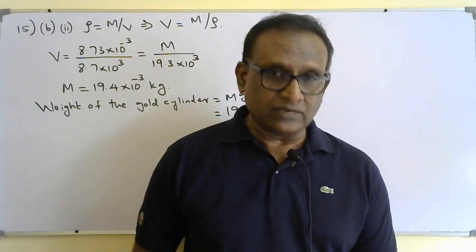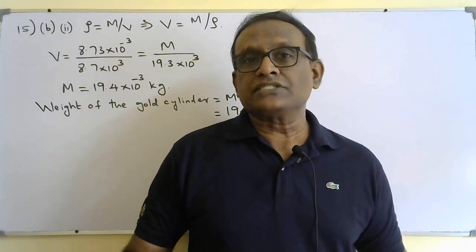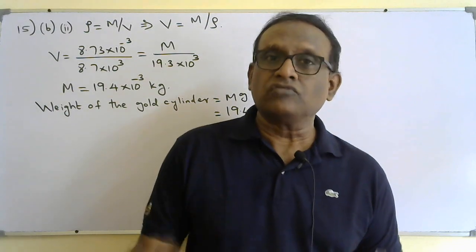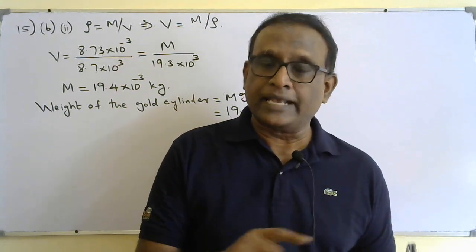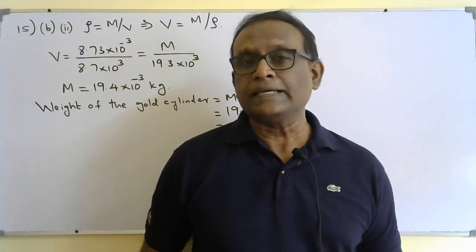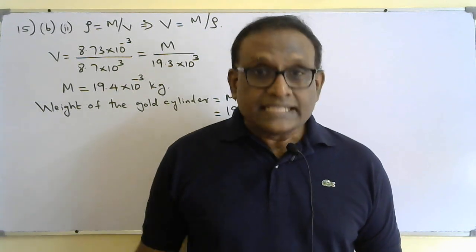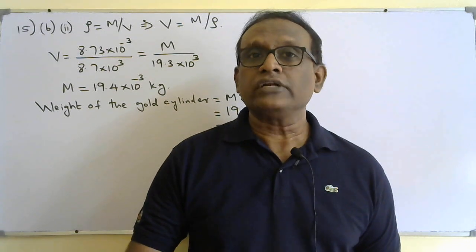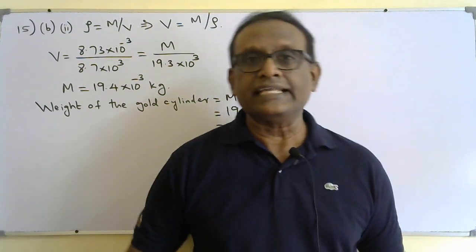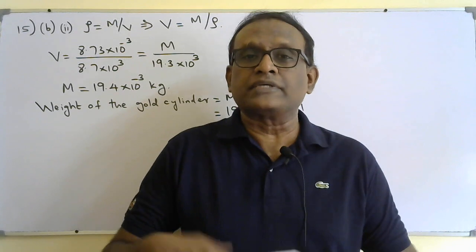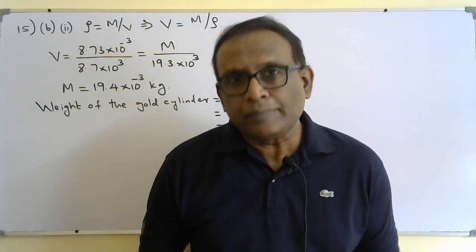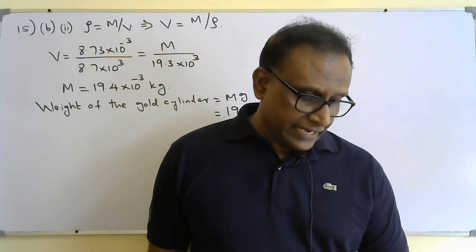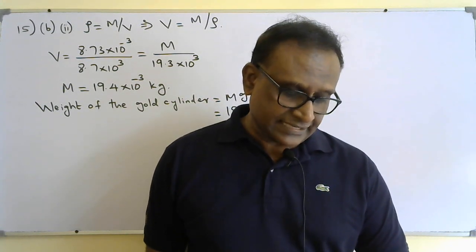The question here, when the same size of cylinder is made of gold, here also the volume of the gold is same as the volume of the brass in the earlier cylinder. Will this cylinder which is made of gold float in water? So what percentage inside water, what percentage outside water? Will it be able to float in water? That's the question.